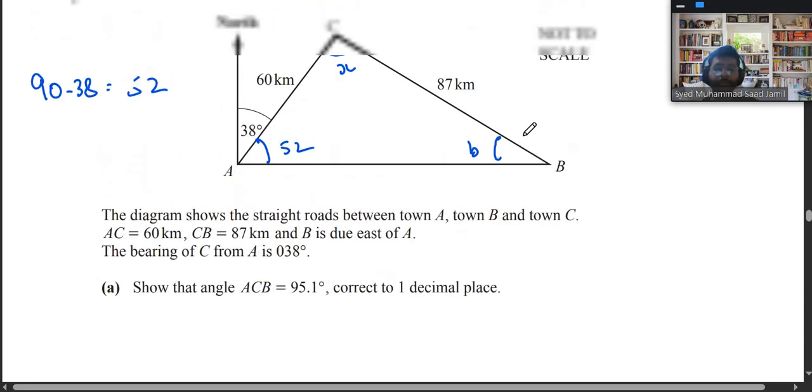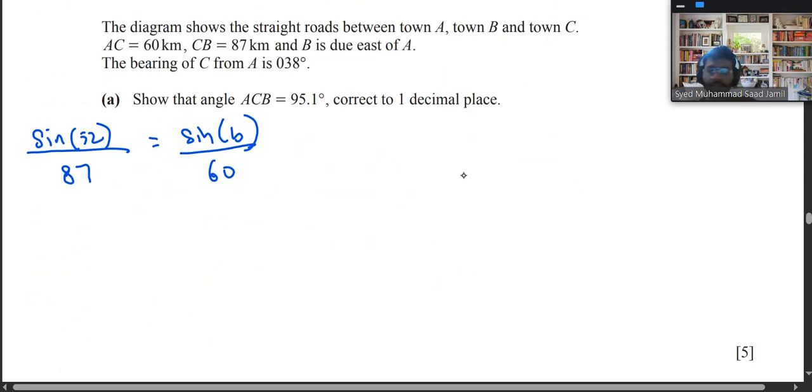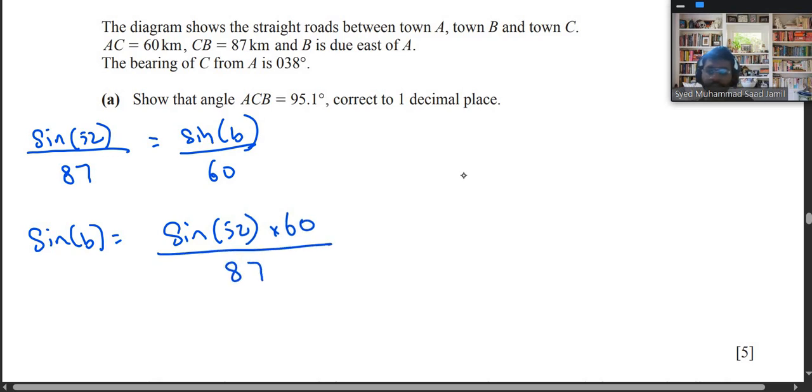Using sine law, sine 52 upon 87 is equal to sine b upon 60. So sine b is equal to sine 52 multiplied by 60 upon 87.